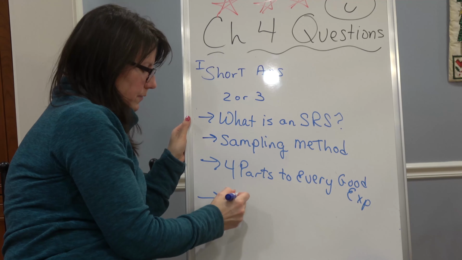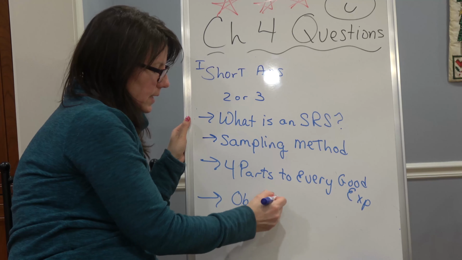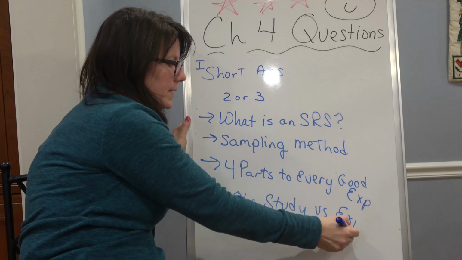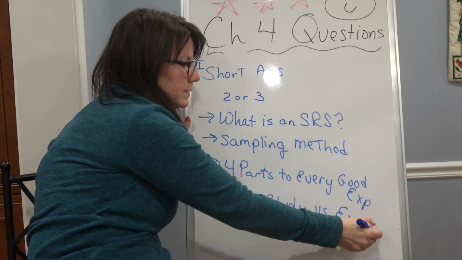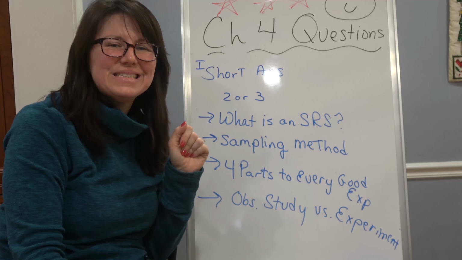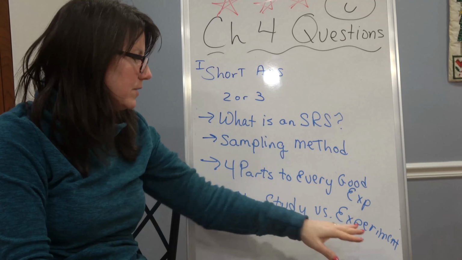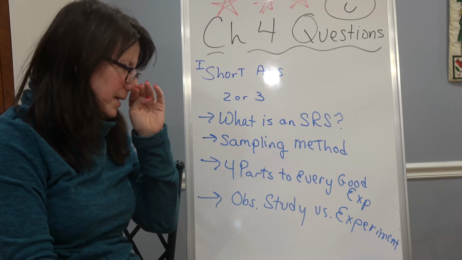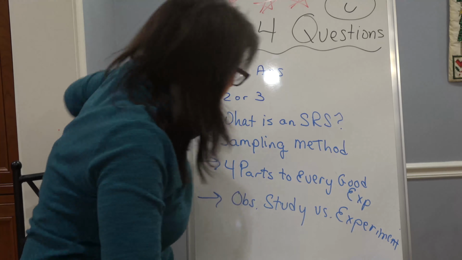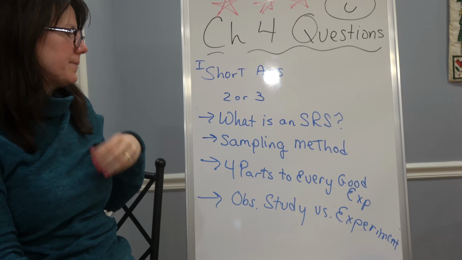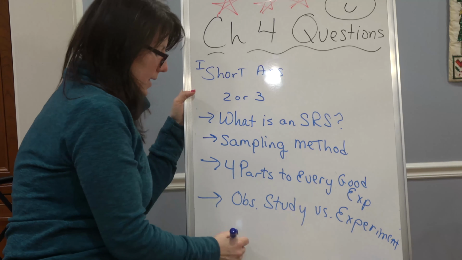Make sure you know the difference between an observational study versus an experiment. Takes one word. Begins with a T. Treatment, right? If you don't see a treatment, then it's an observational study. An experiment has a treatment of some sort, okay? So there'll be a few short answers, right? Some of those.